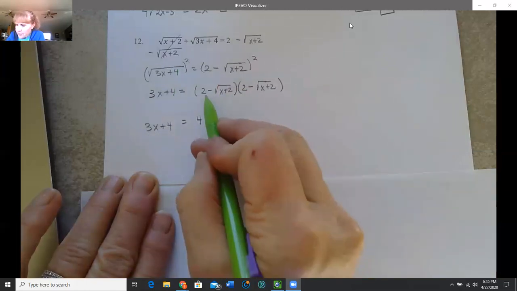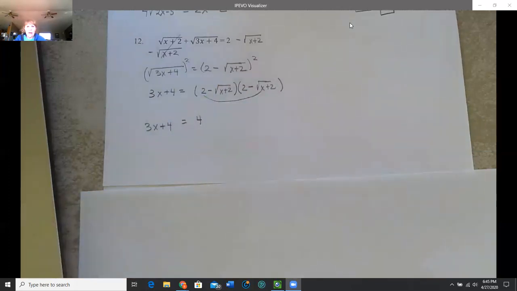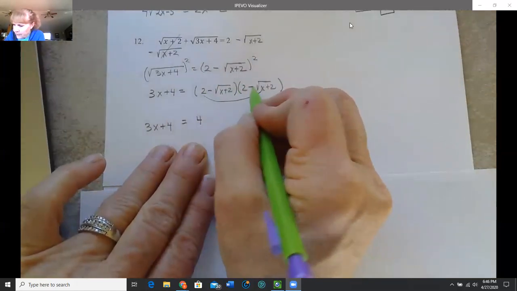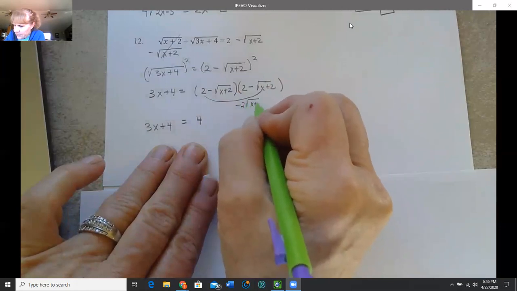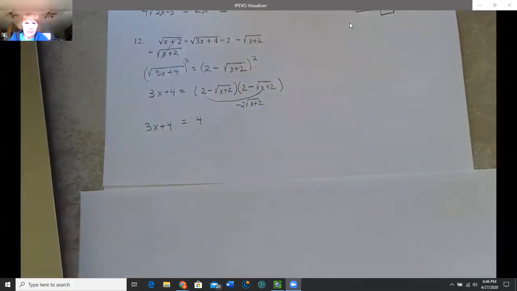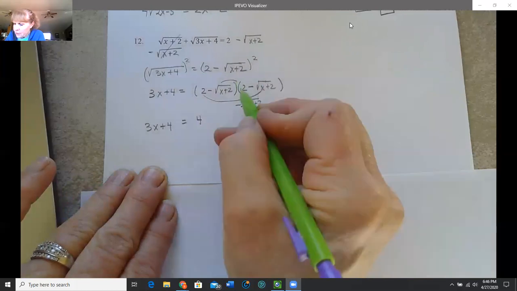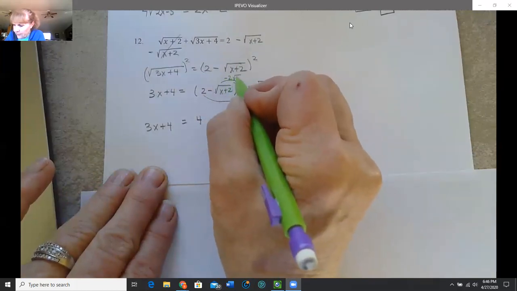Now I'm going to multiply the outside. When I multiply those together, I get a negative 2, because I take 2 times a negative 1, and then the radical is just times that radical. Now, when I multiply the insides, they'll always match. 2 times the negative 1 is a negative 2 square roots of x plus 2.